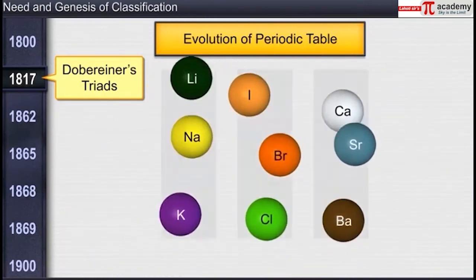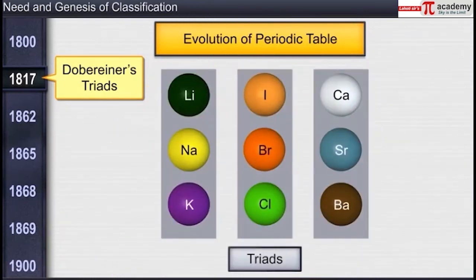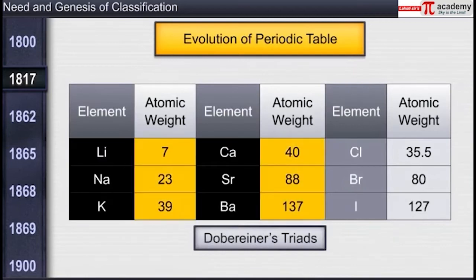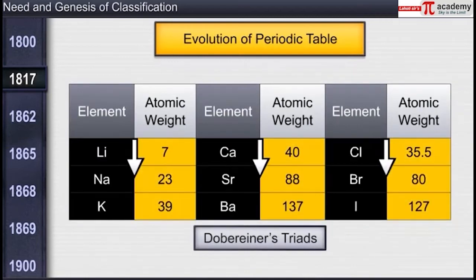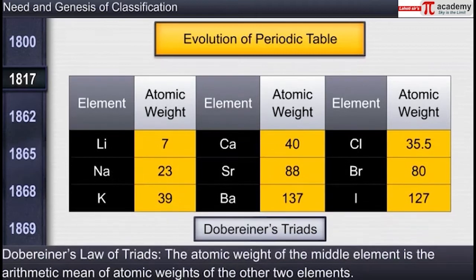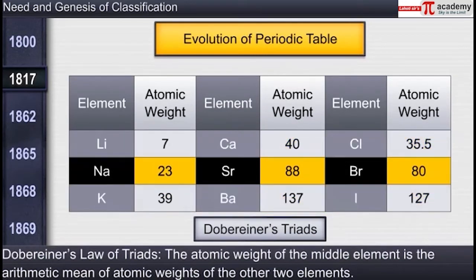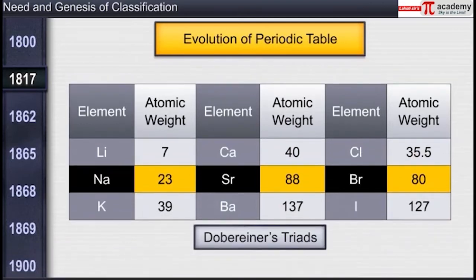He called these groups triads. He found that the elements in each triad, when arranged in the increasing order of their weights, demonstrate that the atomic weight of the middle element is the average of the other two elements. This he called the law of triads.